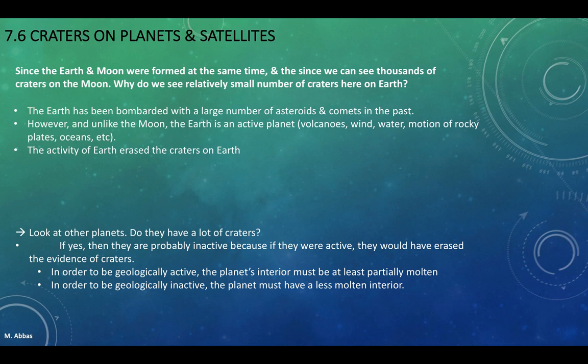Okay? Why is this important? Because if a planet has volcanoes, one more time, if a planet has volcanoes at the surface, and this is something we can see directly, it means it has a liquid lava core. If it has a liquid lava core, it means it has a magnetic field around it. If a planet doesn't have a liquid lava core, it doesn't have volcanoes, it means it doesn't have a magnetic field.